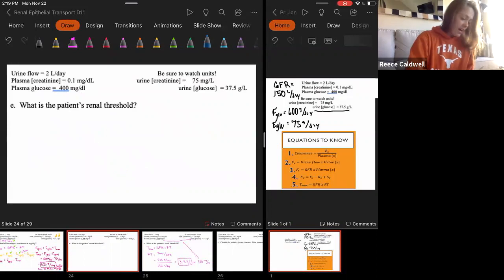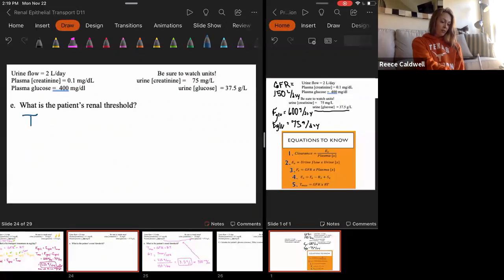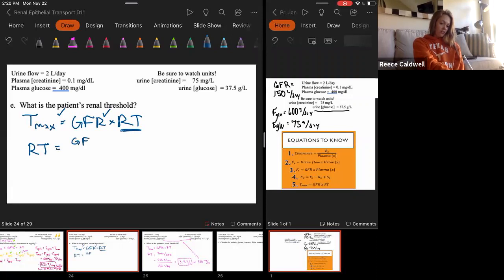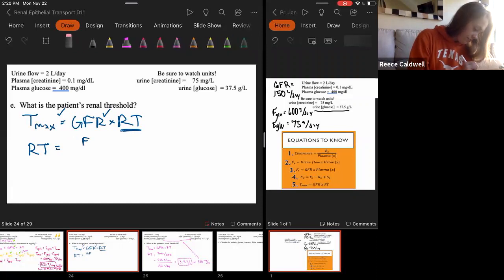There we go. So for renal threshold, we're just going to use that same Tmax equation, but now we have Tmax. So we can manipulate this equation to solve for the renal threshold. We have both of these, so we'll manipulate it to be renal threshold equals Tmax divided by GFR.